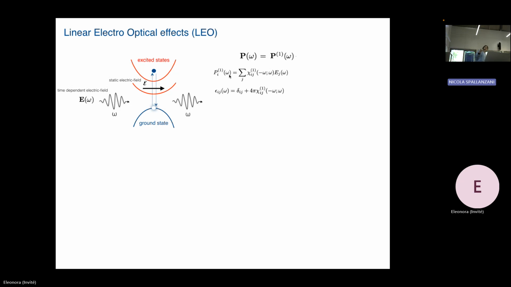This is what I visualize here. So you see the fields, but one, not like before in second harmonic generation, is static. What you have is a second order response.